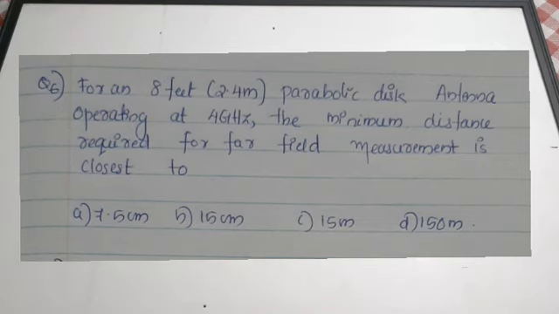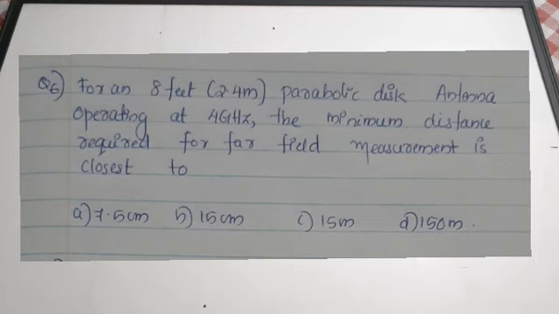So for an 8 feet parabolic disc antenna operating at 4 gigahertz frequency, the minimum distance required for far field measurement is closest to dash. You need to find the distance for far field measurement.